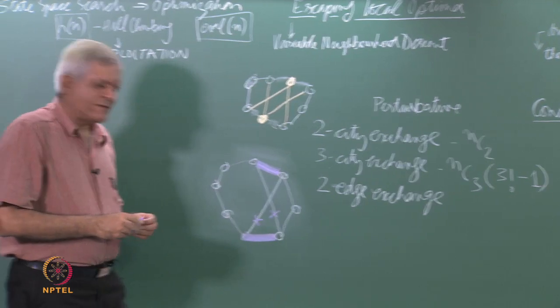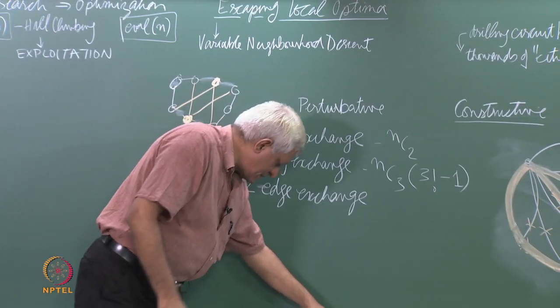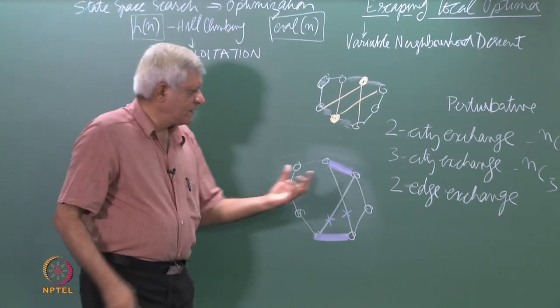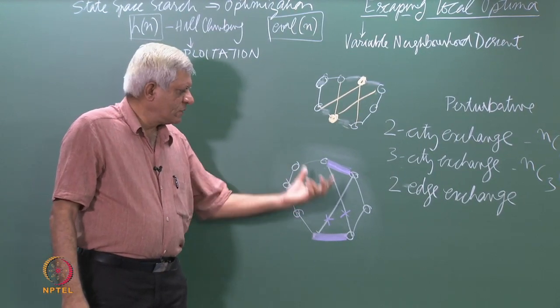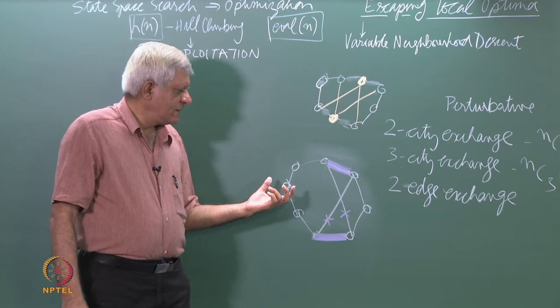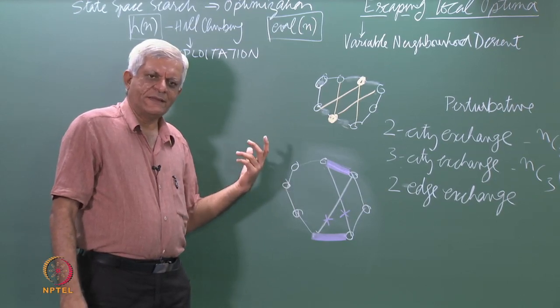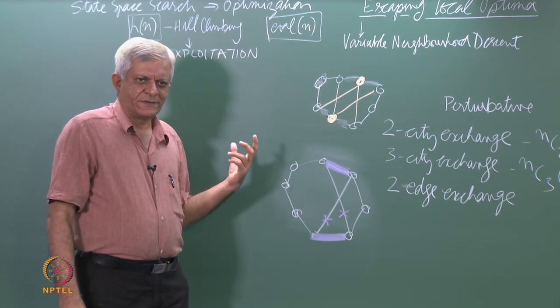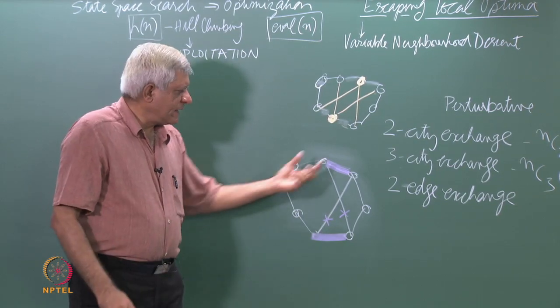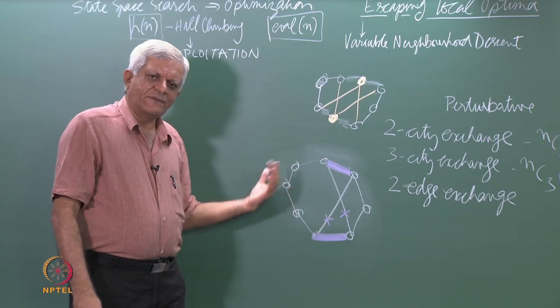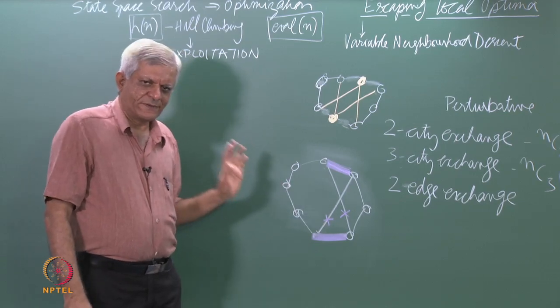So, what have I done? I have deleted 2 edges from my tour and replaced them with 2 more edges, and there is only one way I can do that essentially. If I delete any 2 edges, I have only one new tour that I can create in this example.